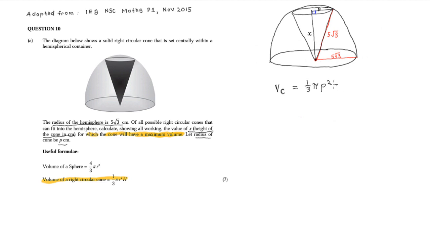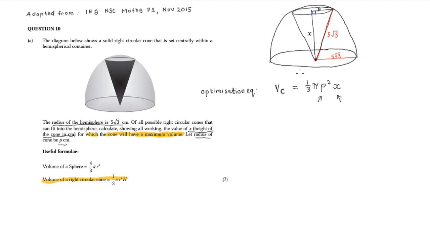This over here is our optimization equation. The problem right now is that our optimization equation is in terms of two variables, p and x. We saw in the beginning that changing this variable x will change the volume of the inscribed cone and also its shape.